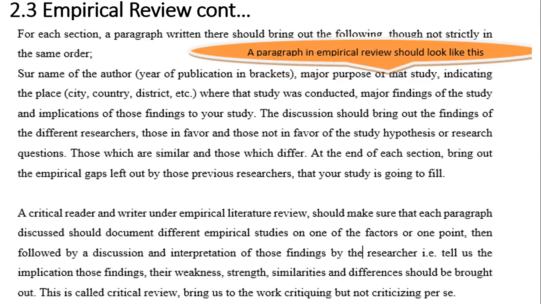Although the order of these aspects may not strictly be followed, what matters is that the key issues we have put in this paragraph should also appear in your paragraph, even though the order may be interswitched. So this is how a paragraph should look like. Certain points should come out in that paragraph.